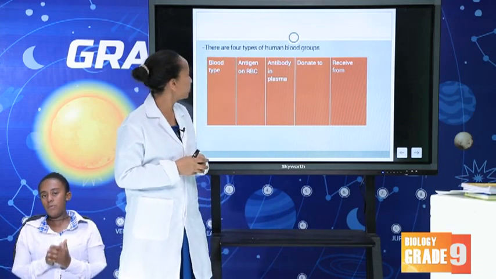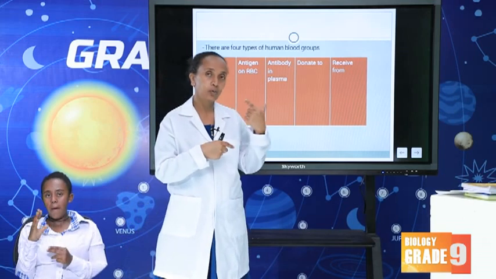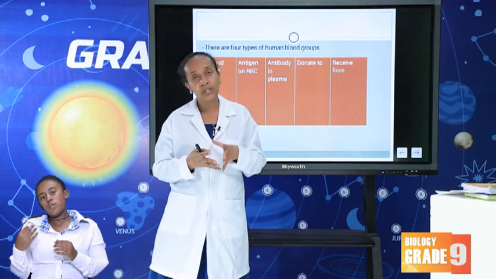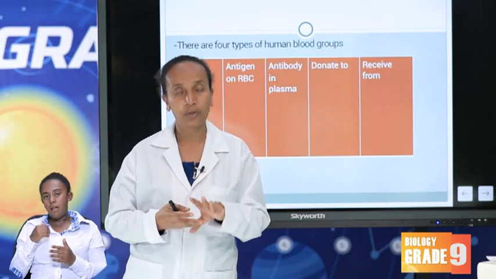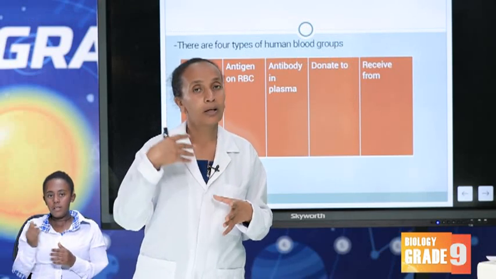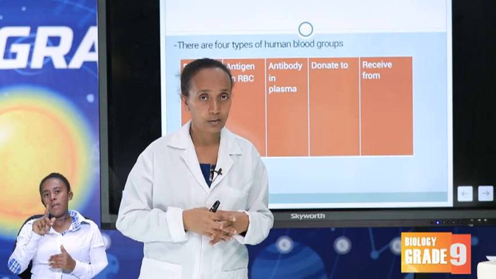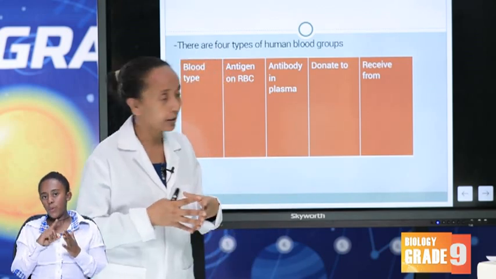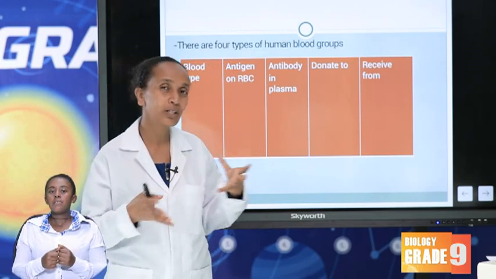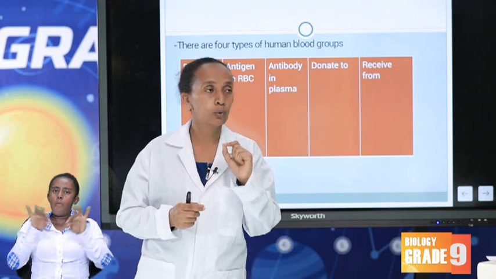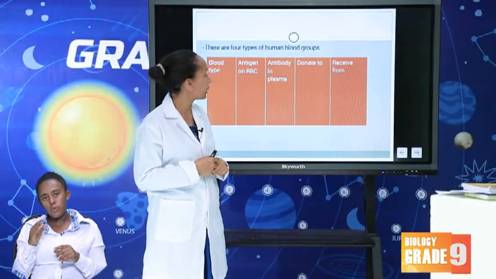And the second group is type B, like that of type A individuals. Type B individuals have B antigen on their red blood cell, and they have anti-A antibody in their plasma. So this interaction, the interaction of antibody and antigen in our body, is very important to know the type of blood group.